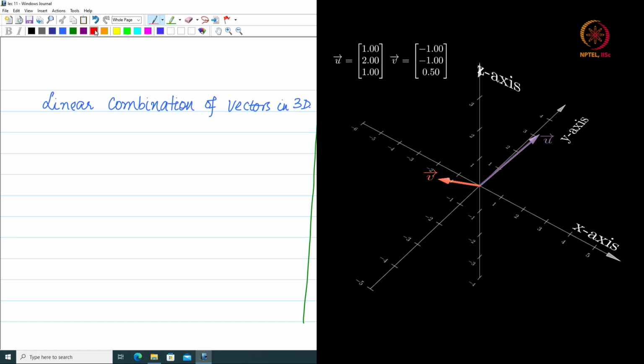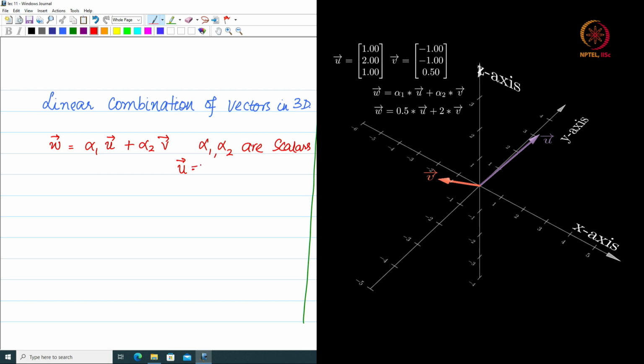We already know what it is. Suppose we say the vector w can be expressed as alpha 1 u plus alpha 2 v, where alpha 1 and alpha 2 are scalars, and the vector u is u1 u2 u3, and the vector v is v1 v2 v3.